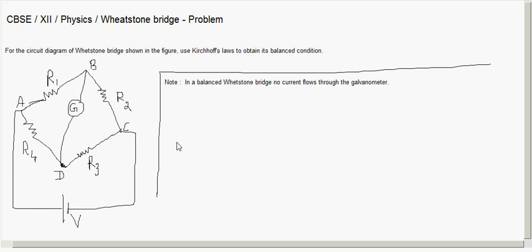Now let us mark the currents in the circuit. Let us say the current drawn from the battery is I, and let us say the current through R1 is I1. Now by KCL, the current through R4 will be equal to I minus I1.